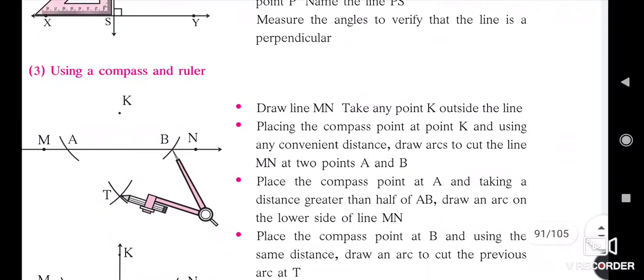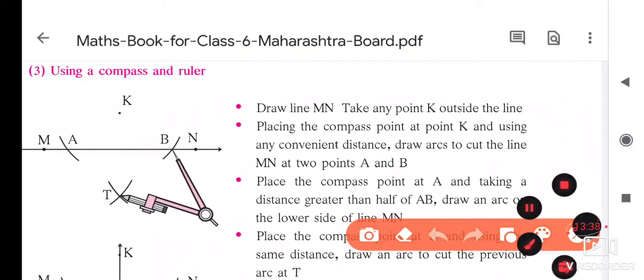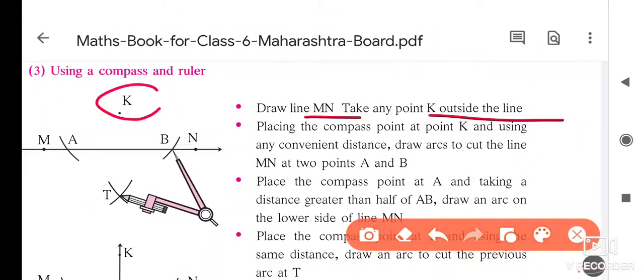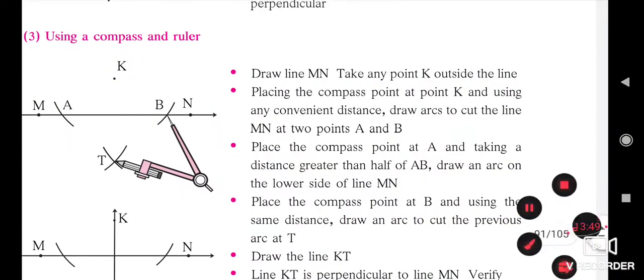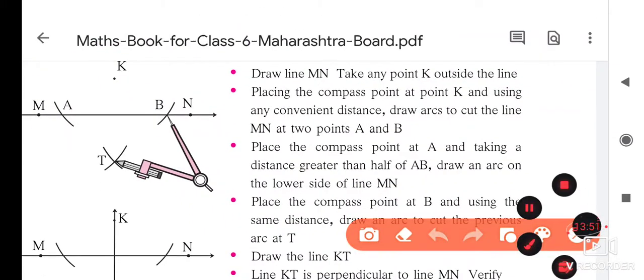And at last, here also each and every step is given. Draw line MN, take point K. In our video we took point K here. Then place the compass on point K using any convenient distance.